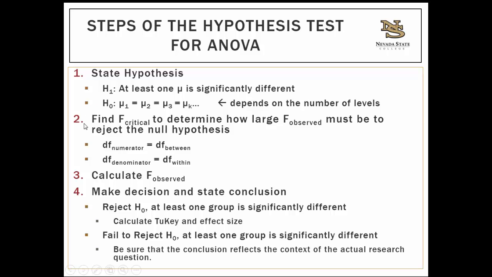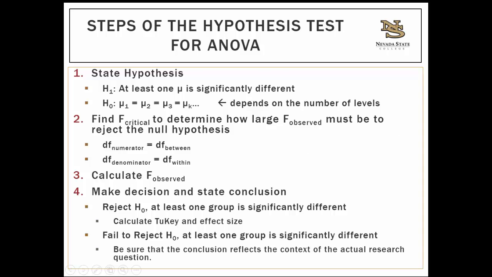All right, step 2. Finding the critical value to determine how large your F observed needs to be to reject the null hypothesis, say that at least one mu is significantly different. Now, the hard part about this is finding your F critical using dF numerator and dF denominator.